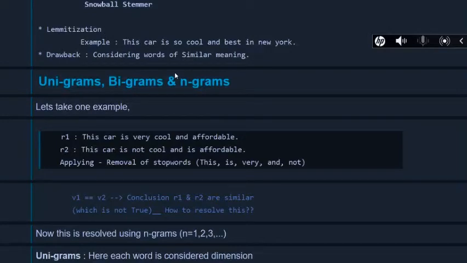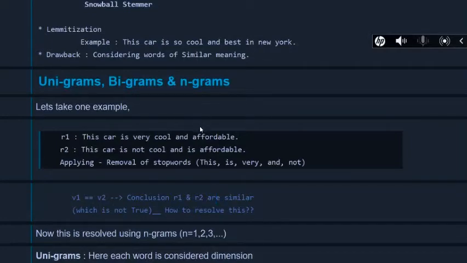What is lemmatization? In it, we see each word by breaking the sentence, also considering whether valuable information is lost or not, which is important. So we will go with the lemmatization algorithm.